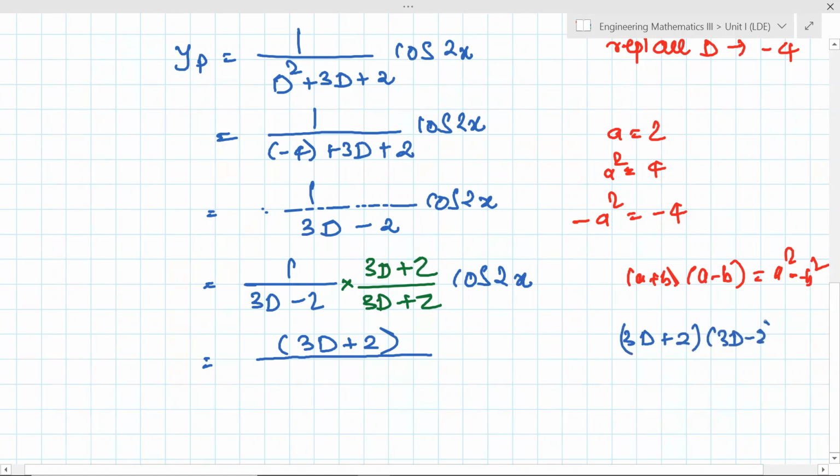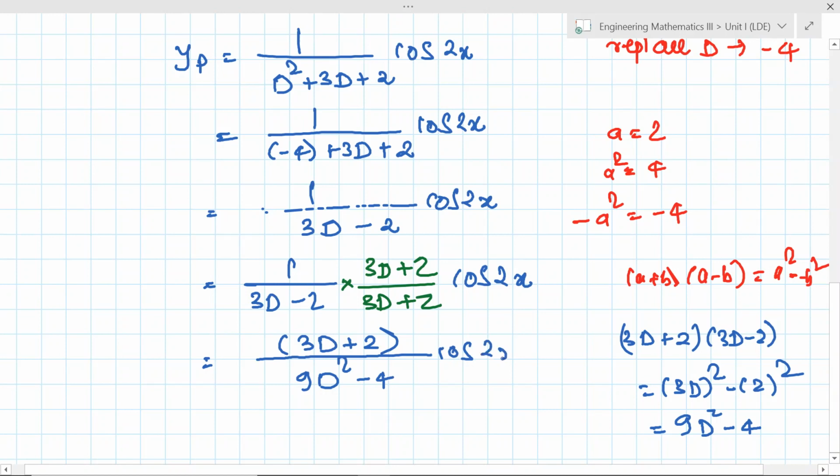This is equal to 3D square minus 2 square. 3D square is nothing but 9D square minus 4. So this is in the denominator, 9D square minus 4, into cos of 2x.